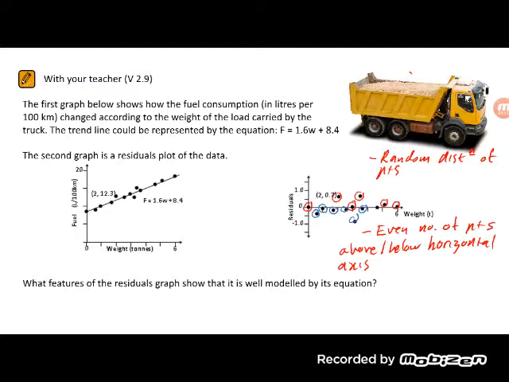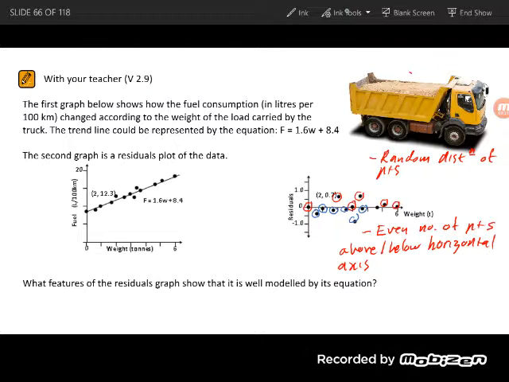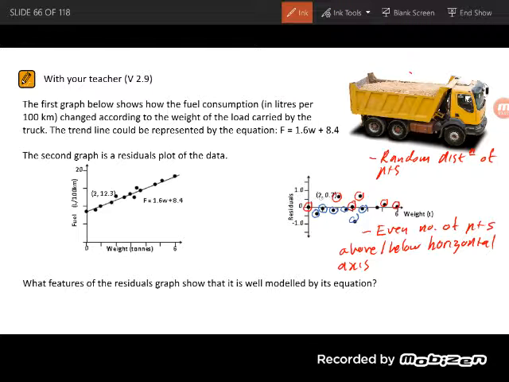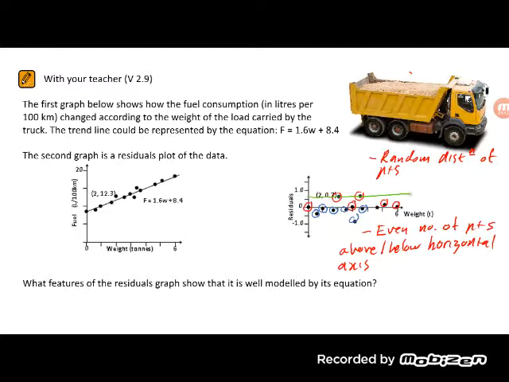Okay, now the next condition is an even horizontal band. So that means that we would draw horizontally the most extremely positive and the most extremely negative. And we see that the distance from the x-axis or the horizontal axis is about the same.